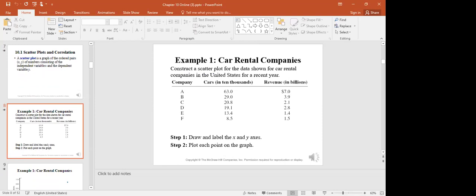We want to construct a scatter plot for the data shown for rental car companies in the United States for a recent year, to determine what is the type of relation between the number of cars and the revenue. The number of cars is in 10,000s and the revenue is in billions of dollars.